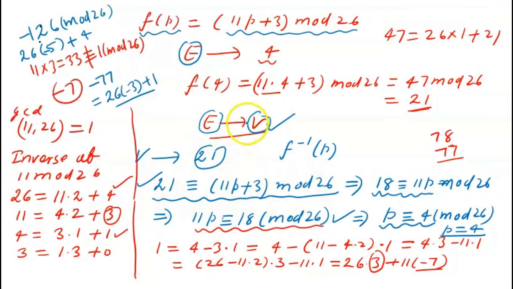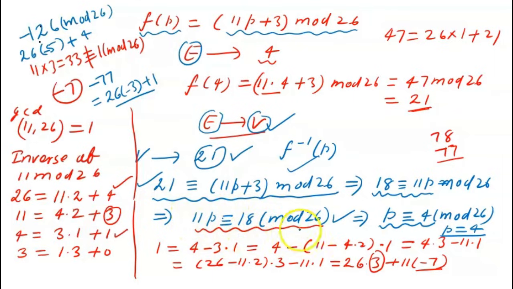Which linear congruence? Since V stands for 21 or 21 stands for V, I will solve 21 is congruent to 11p plus 3 modulo 26, and this actually is nothing but 18 is congruent to 11p modulo 26, which can be written as 11p is congruent to 18 modulo 26.